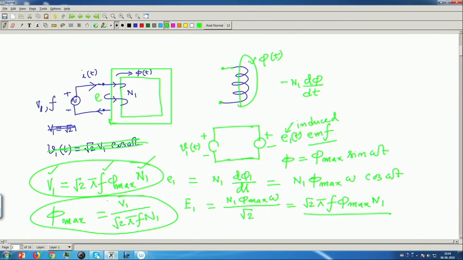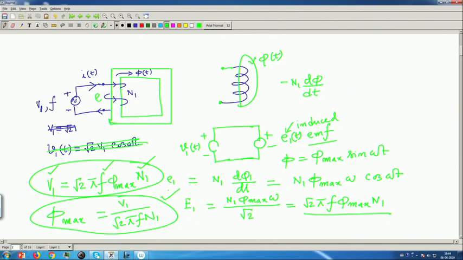The moment you connect an AC voltage V 1 and f, I can tell you the flux is sinusoidally varying. What is the maximum value of that flux? It is fixed, it is this one. Therefore, how much phi max will be produced inside the core is decided. I do not have any control over it.